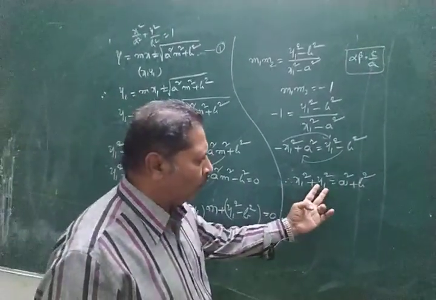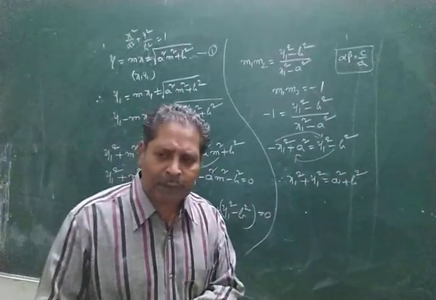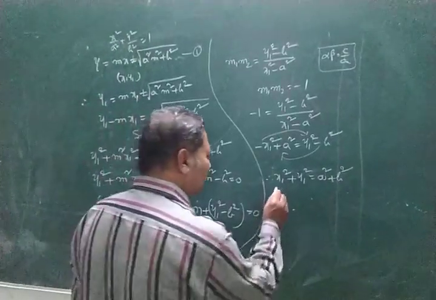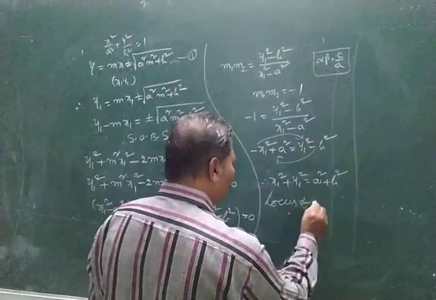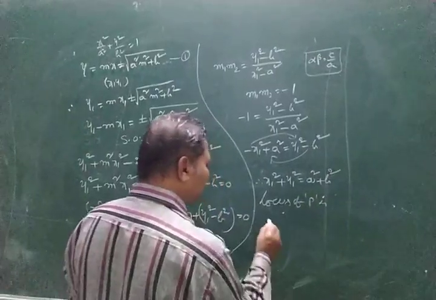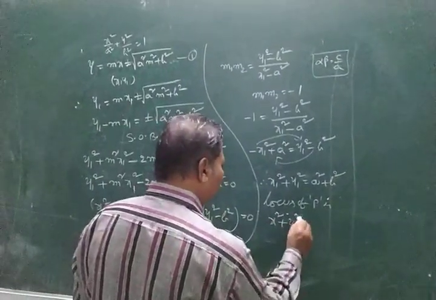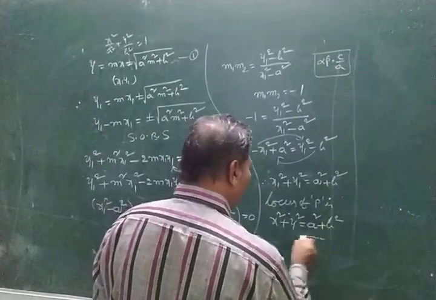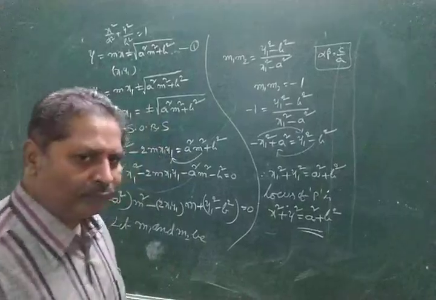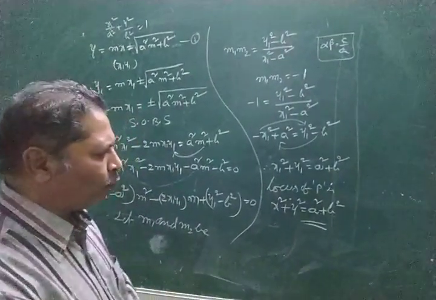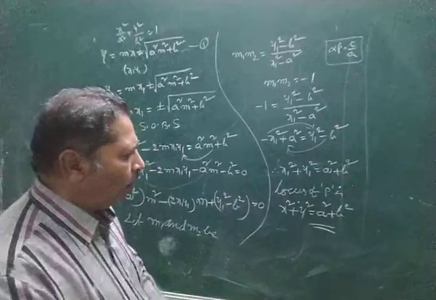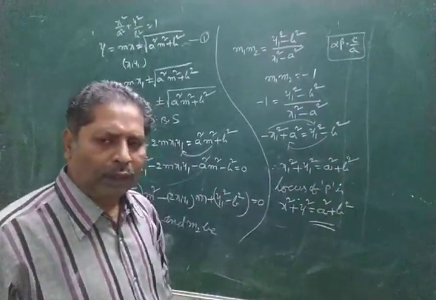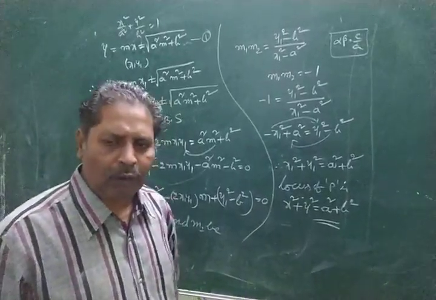Therefore, the locus of P is x square plus y square equal to a square plus b square. Once again listen.